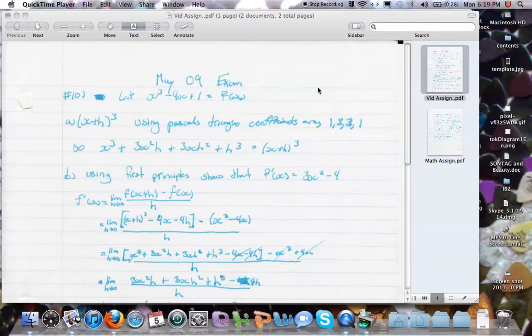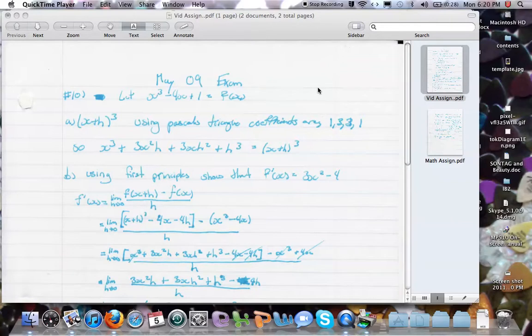You're going to start off with part A, which asks you to expand x plus h cubed. Using Pascal's triangle, the coefficients are 1, 3, 3, and 1 for anything cubed. Using the binomial expansion, I was able to simply write out x cubed.